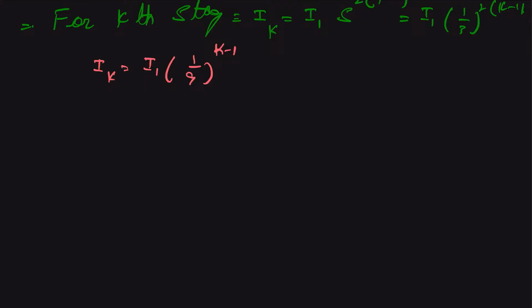So it means from here we can just write the sequence, and the sequence will be I1, I1 times 1 by 9, I1 times 1 by 9 square, and so on. Okay. So it will be a continuous process.